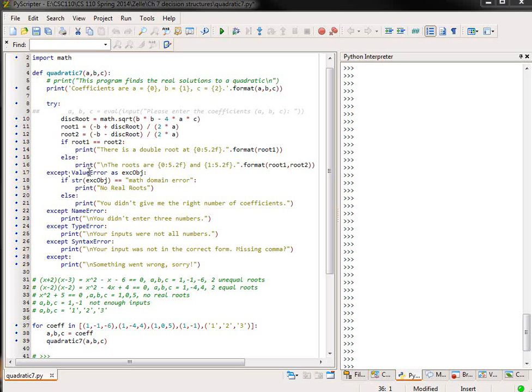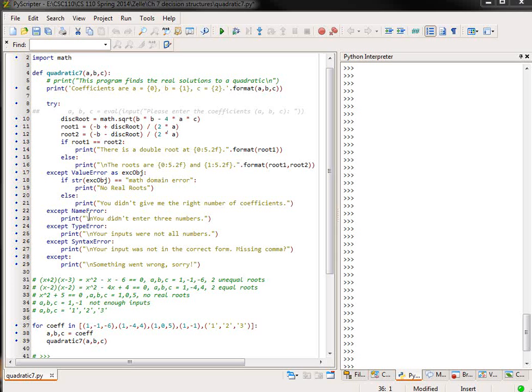One of the exception errors that you could flag with this code is if you get a math domain error, in which case you'd print no real roots. That might also be triggered by not providing the right number of coefficients. It asks for 3 and perhaps 2 were provided.